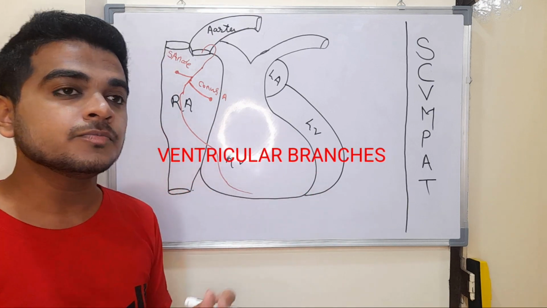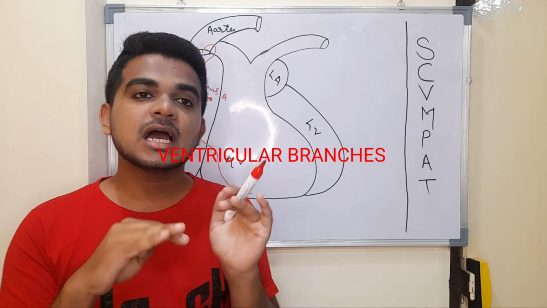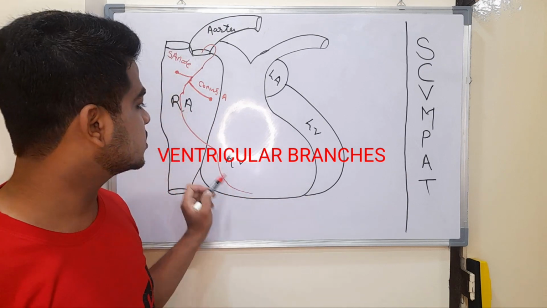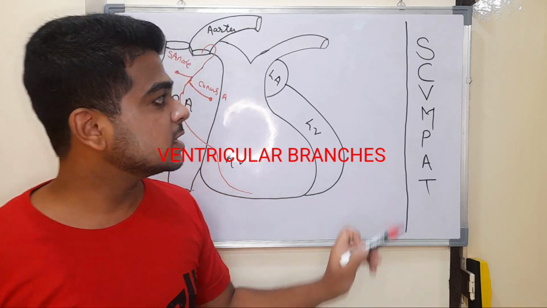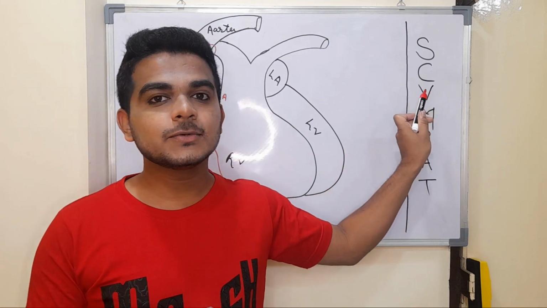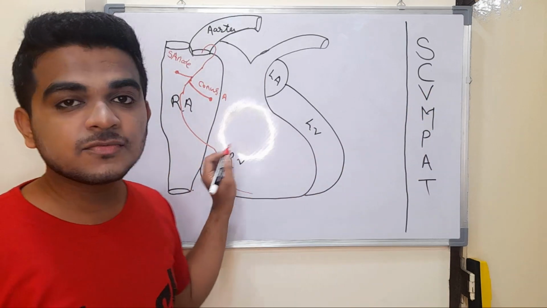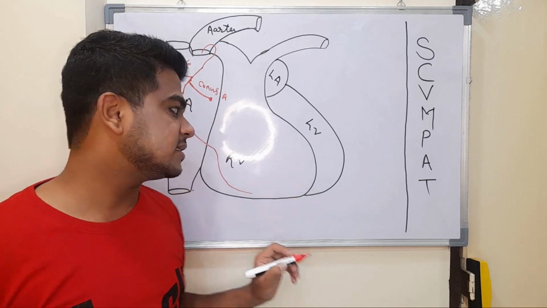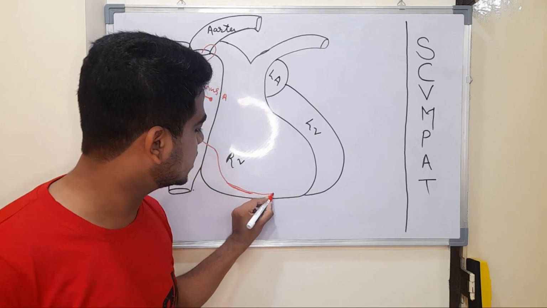I already told you it winds around the right ventricle. So V stands for ventricular branches. Then one more branch, the fourth, is given here.